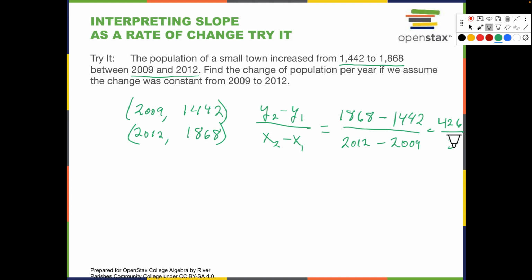Yeah. And 426 divided by 3 is 142. And so that's a growth of people per year. Okay, so multiple ways to come up with those.